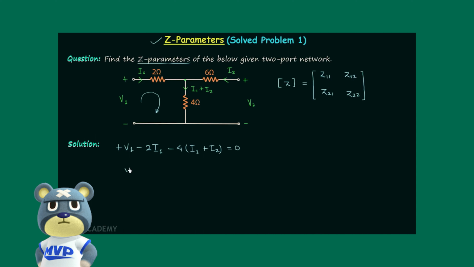From here, we will have V1 equal to 6I1 plus 4I2. Let's say this is equation number 1.